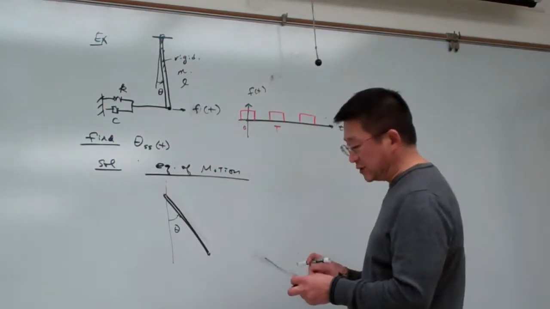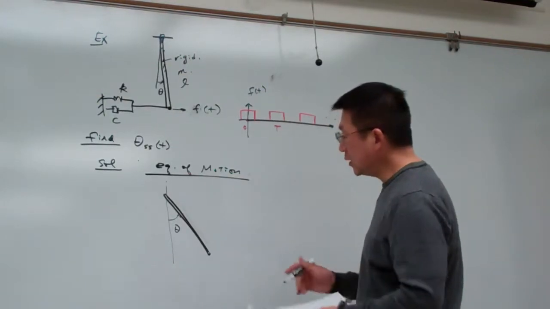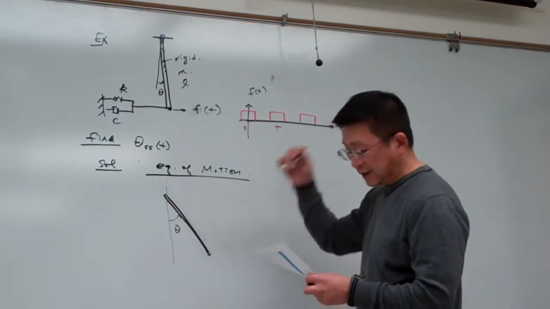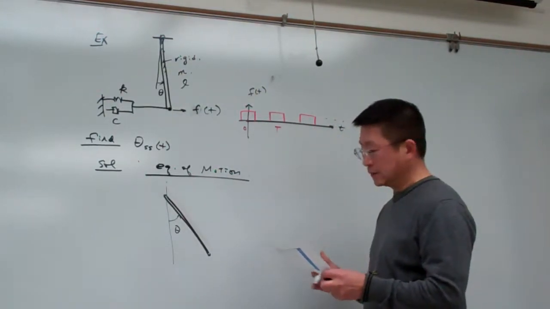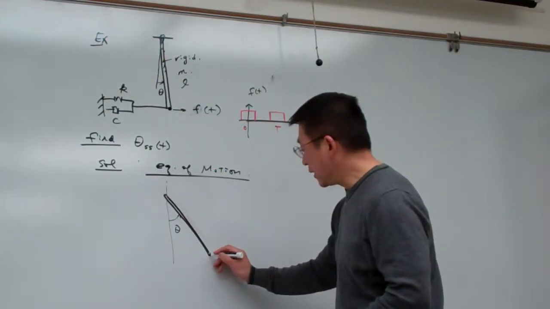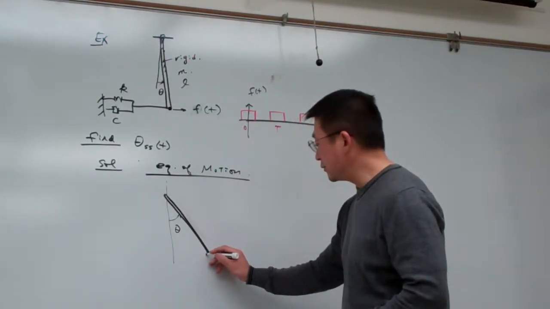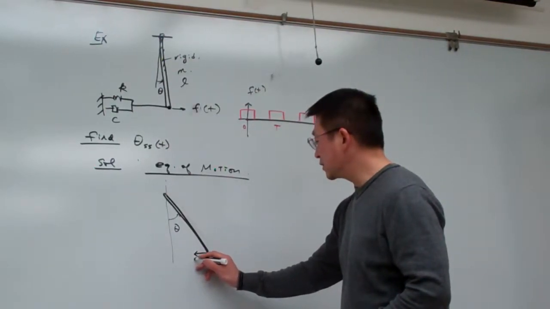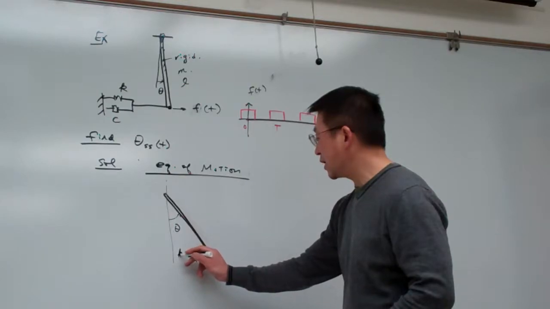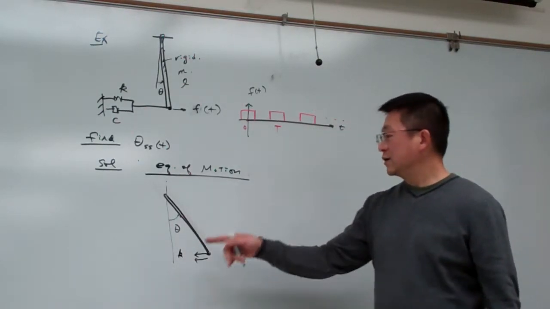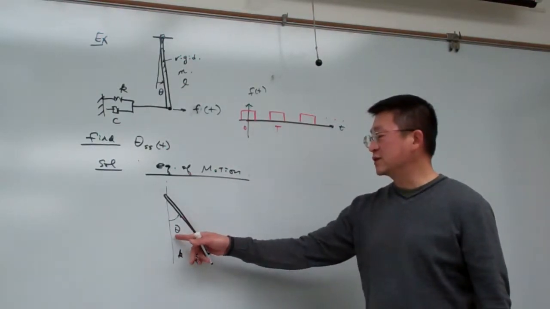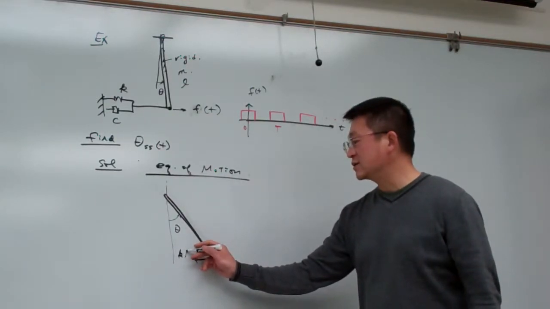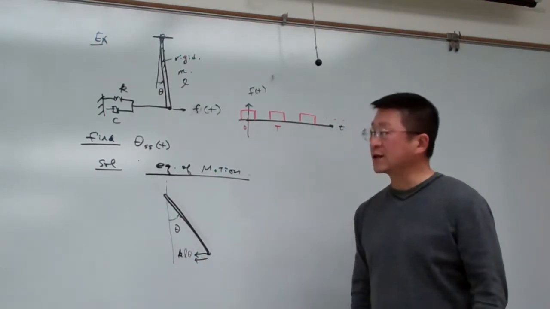Under that situation, for this case, the beam is under a few kinds of force. One is the spring force, which is K times the distance from here to here. Assuming theta is small, that distance is almost L times theta.